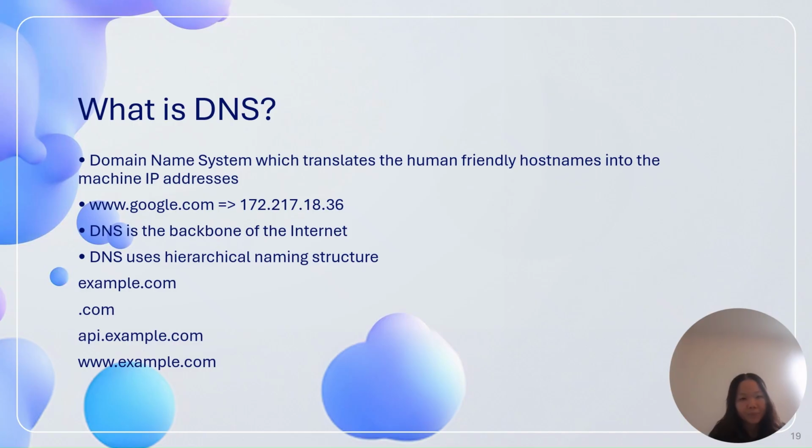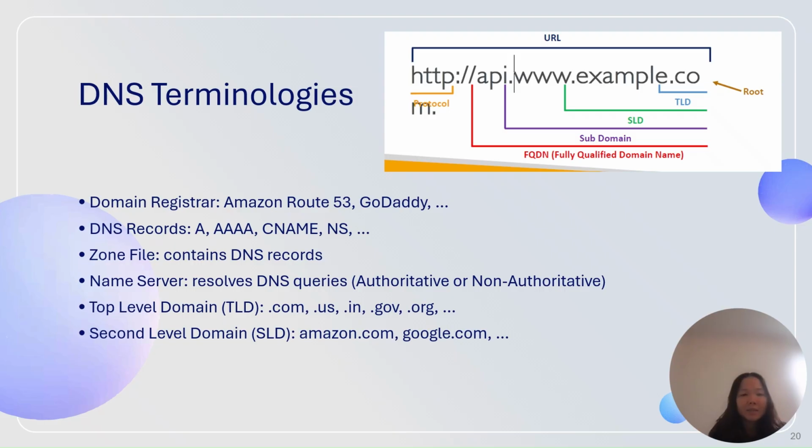DNS uses a hierarchical naming structure, like example.com and www.example.com. DNS terminology, as you see, we have many parts of a URL. Let's break it down. First, the domain registrar, like Amazon Route 53 and GoDaddy.